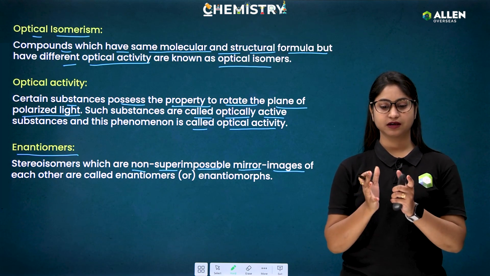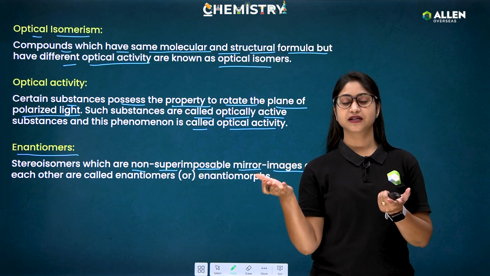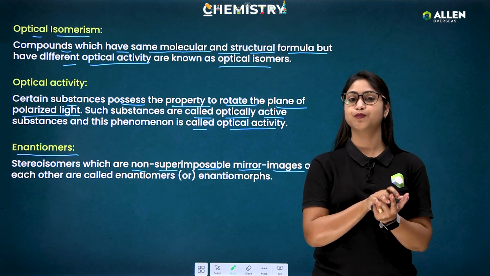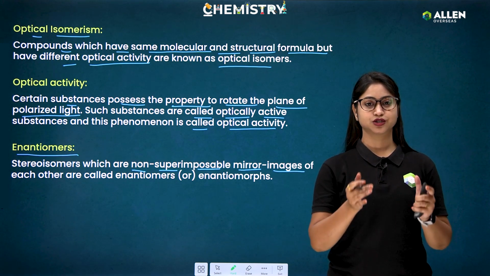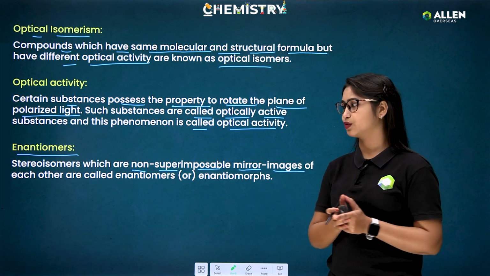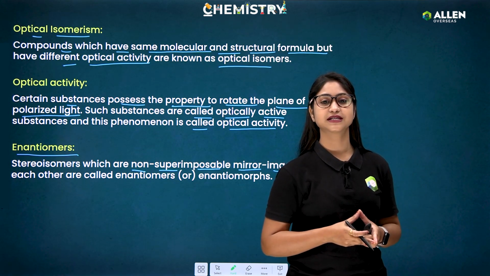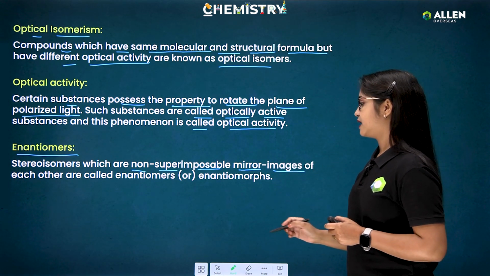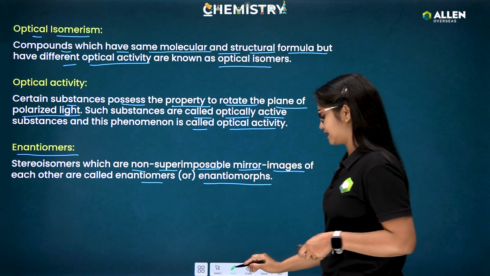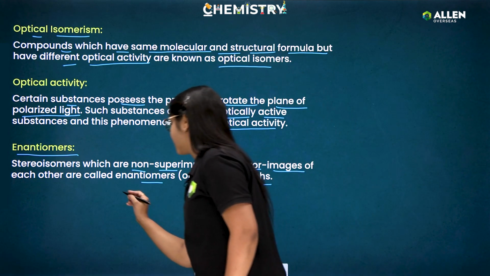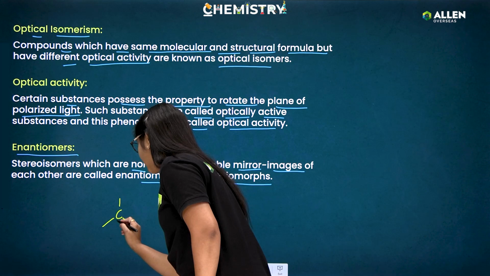If you take their mirror image, that mirror image will be non-superimposable on the original compound. So two mirror images which are non-superimposable are called enantiomers, or enantiomorphs. For example, in enantiomers there is the presence of a chiral carbon.